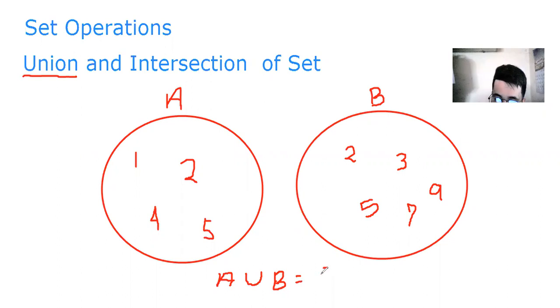So ano-ano yung mga elements ni A union B? Kapag sinabi natin A union B, lahat ng elements kay A, pati elements kay B, pinagsama natin.